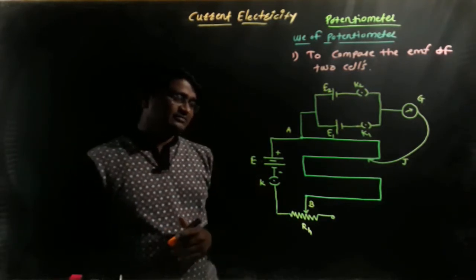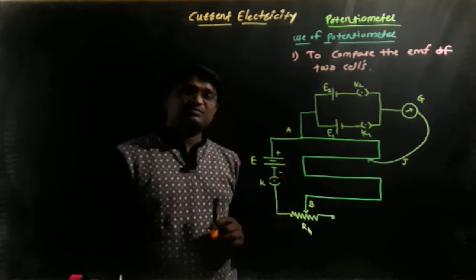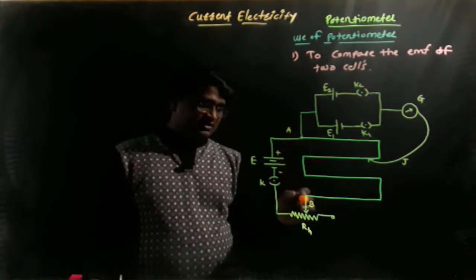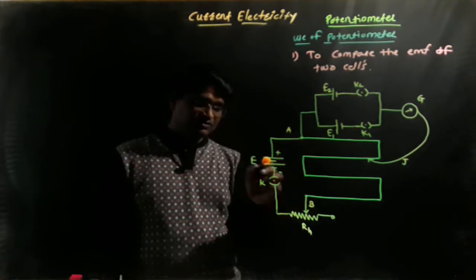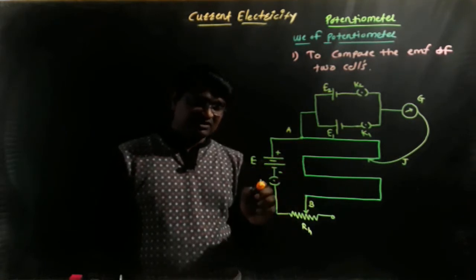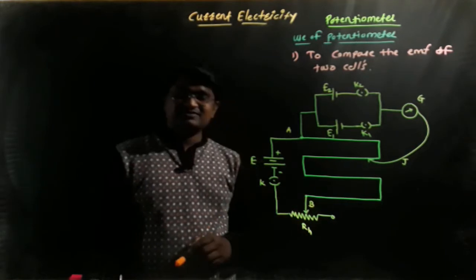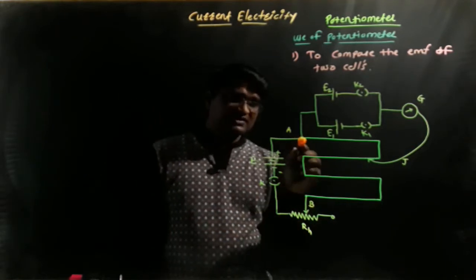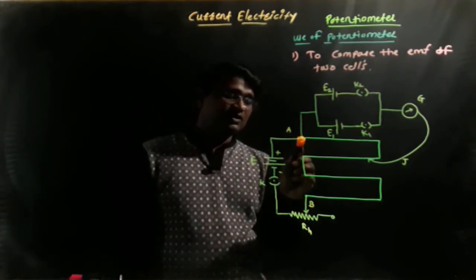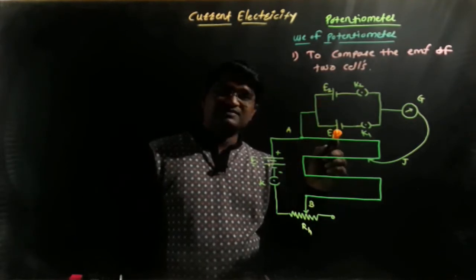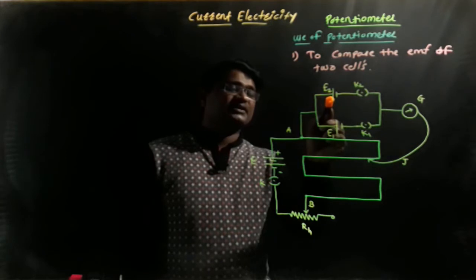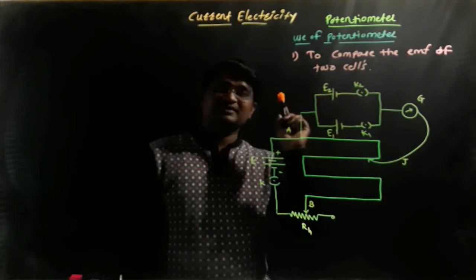Let's see the diagram. So AB is the potentiometer wire of length capital L. Between the wire AB, the cell of EMF E, key and rheostat are connected in series. Through the same point A, we have connected two wires. The first wire is connected to the positive terminal of cell E1 and the second wire is connected to the positive terminal of cell E2.